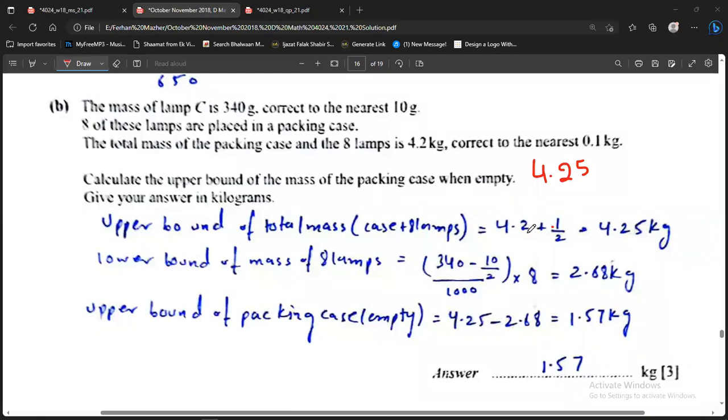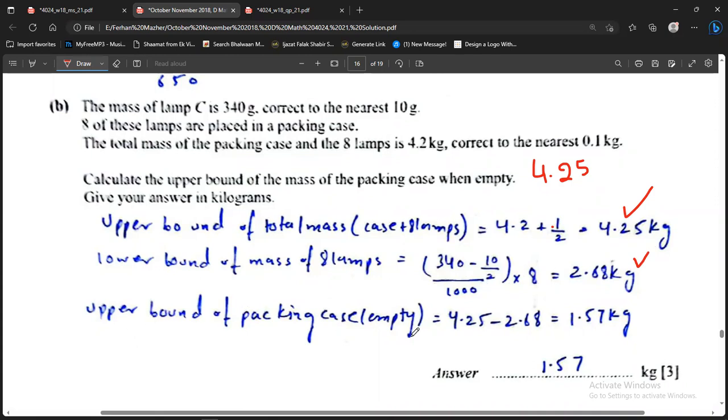So 4.2 plus 0.1 divided by 2, and that will be 4.25 kg. That's the upper bound. The lower bound of the mass of the 8 lamps will be 340 minus 10 by 2, divided by 1000. I'm converting this into kg. Multiply by 8, so this will be 2.68 kg. So that's the lower bound.